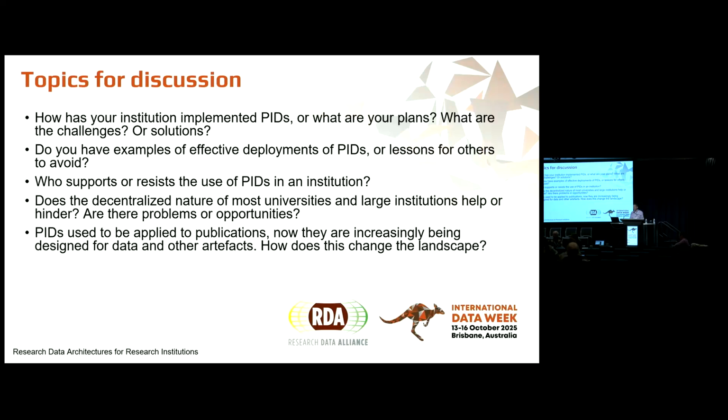The biggest problem we have at CNRS is a problem of scale because we've got 20,000 researchers, 10,000 engineers, 1,100 units or laboratories. So how do we manage the creation and the management of those IDs?